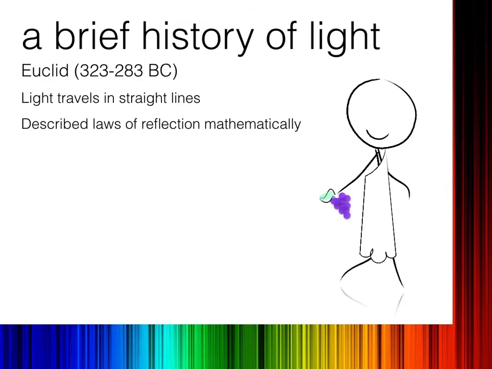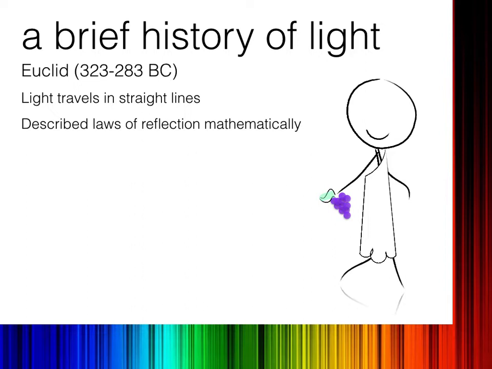So the story of light begins about 300 years BC, when Euclid worked out that light travels in straight lines. Light couldn't come around a hill, it couldn't come around a corner. You could only see light that was passing in straight lines straight towards your eye.